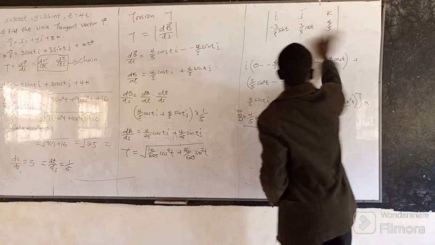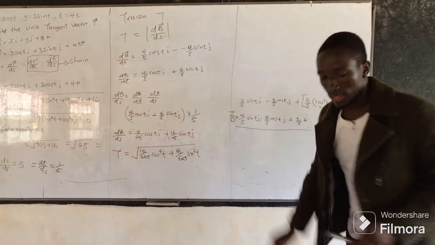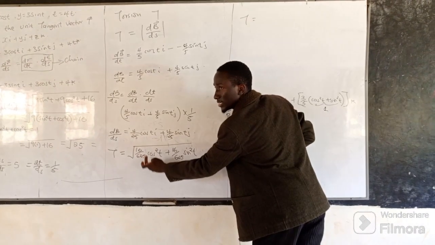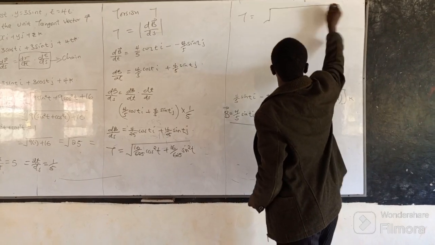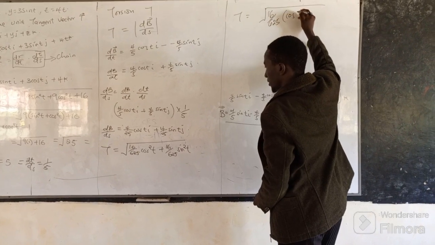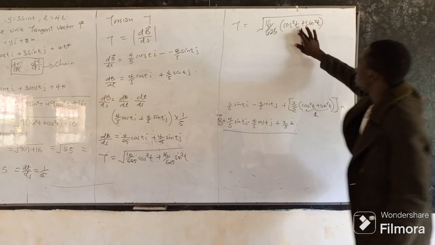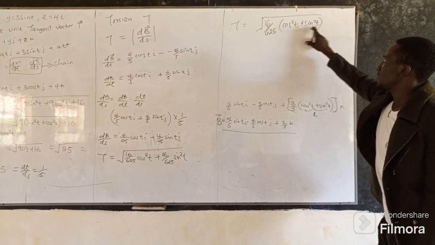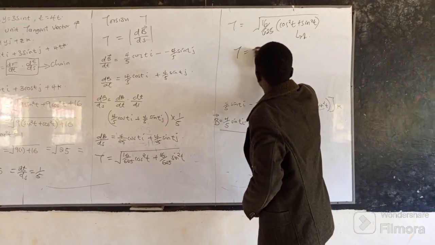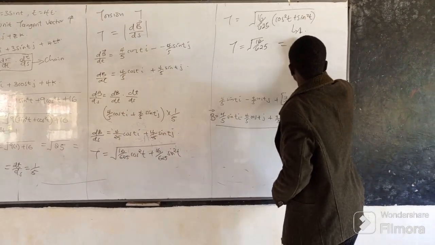Now, I can factor out 16 over 625, the square root of 16 over 625 into cos squared t plus sin squared t. And from the identity, cos squared t plus sin squared t is equal to 1. Now I can have my torsion as the square root of 16 over 625, which will be equal to 4 over 25.